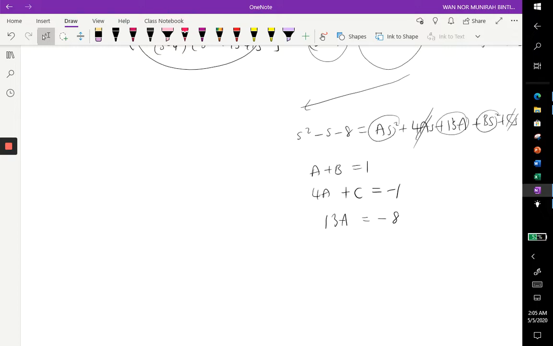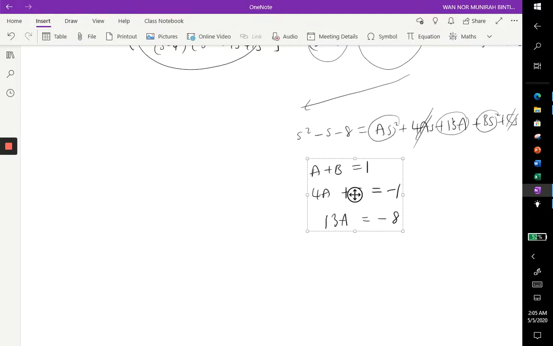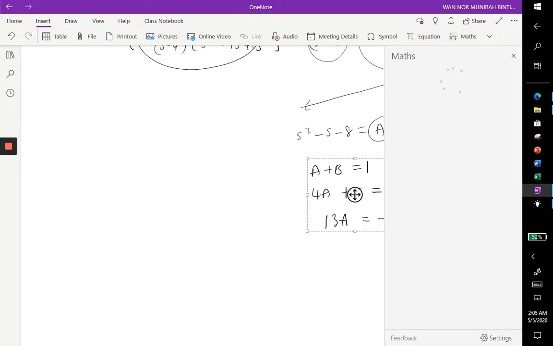I wanted to use this, but I believe that my handwriting is ugly. Cannot read the handwriting, yes. It takes long, you cannot read my handwriting.